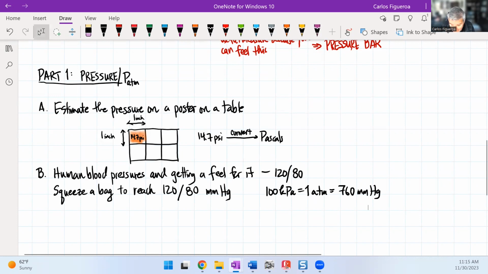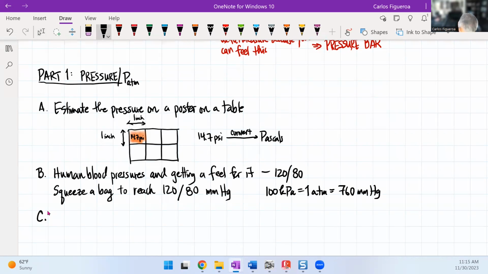Now, the other thing that we want to look at here in part C is that you're going to be dealing with syringes. And the key thing about syringes is that if I have a system where the pressure is a constant, then according to this, how much force you have to apply is going to depend completely on the area.